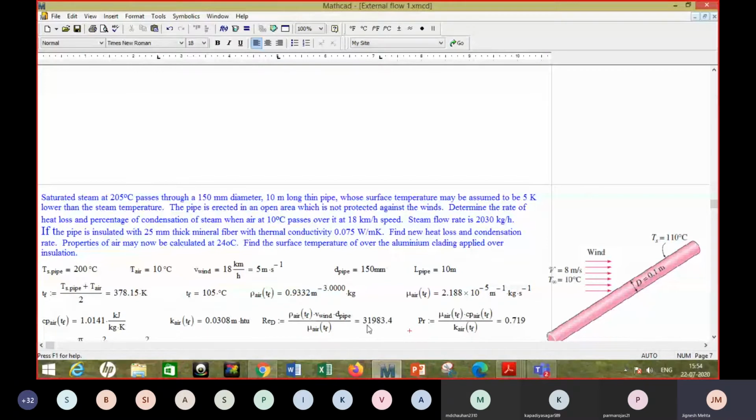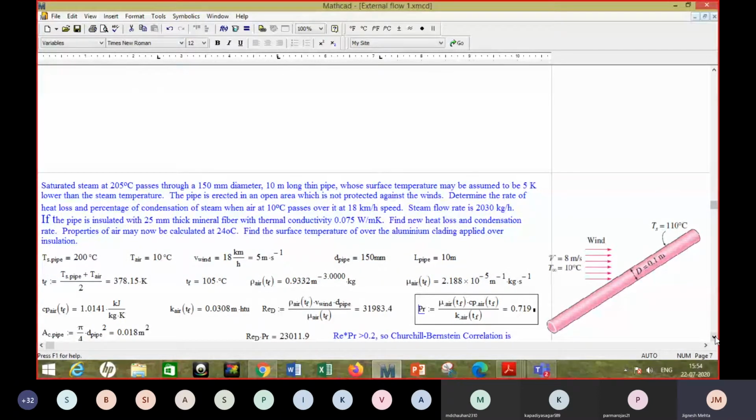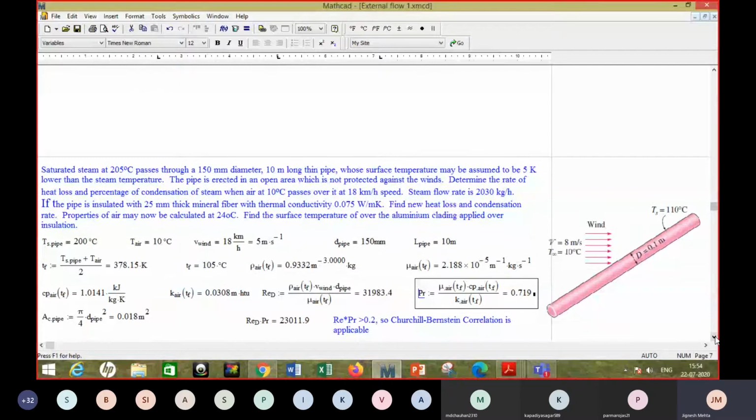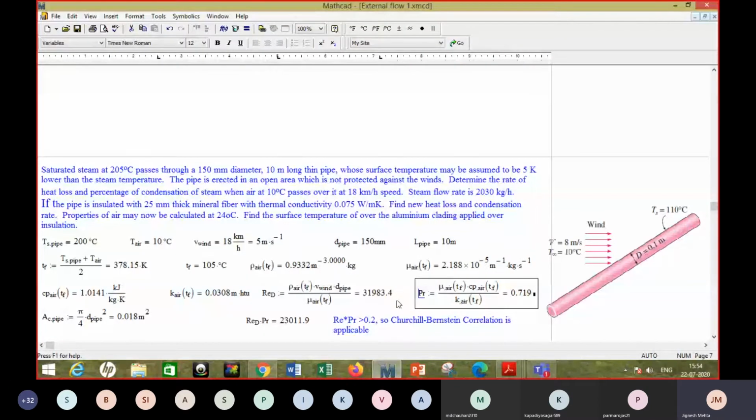So yeah, it's close to that number, 31,983, right? So even if you don't write 0.4, it's fine. As I have been telling, 4 or 5 significant digits are more than enough, right? So writing it even 31980 is fine.